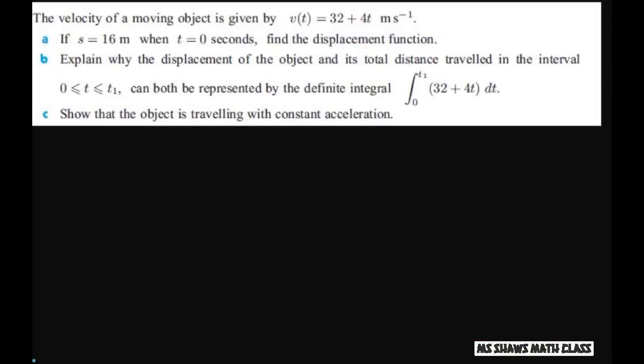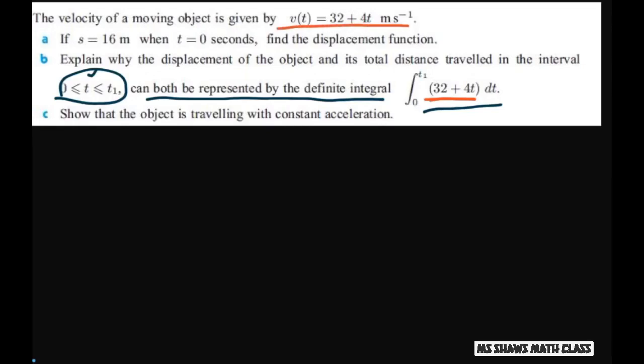Now, we've got to explain why the displacement of the object and its total distance traveled in the interval 0 to some t1 can both be represented by the definite integral here. And basically the reason that's true is because this is positive. If we start with 0, v of 0 equals 32.